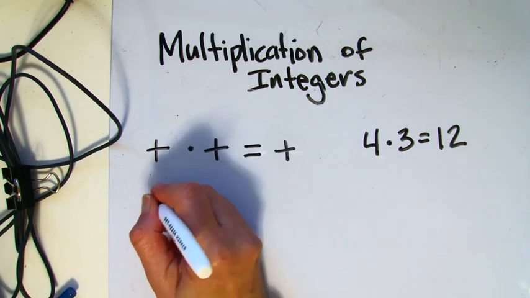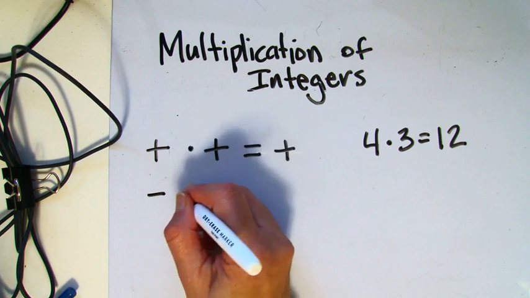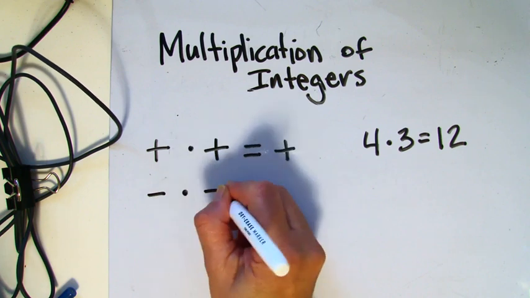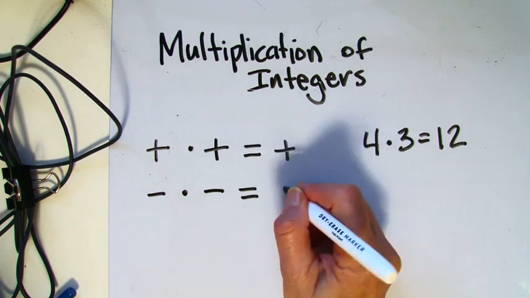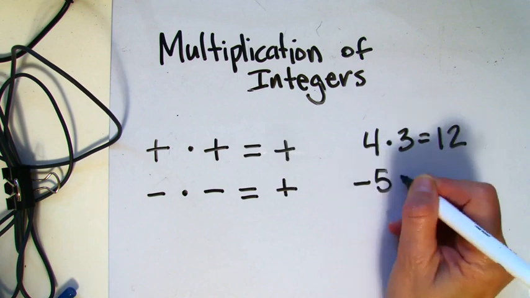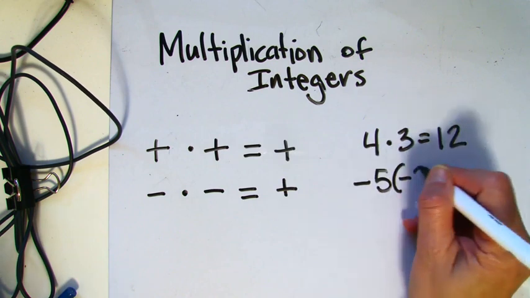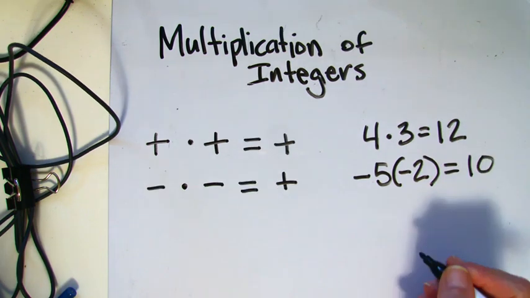When you have an even number of factors that are negative, and I'll talk more about that in a minute, then my answer will also be positive. Negative 5 times negative 2 is going to be a positive 10.